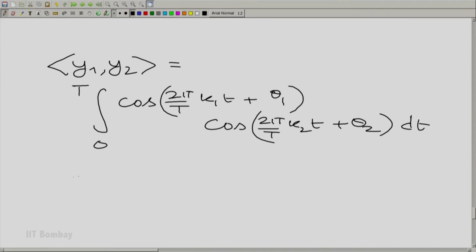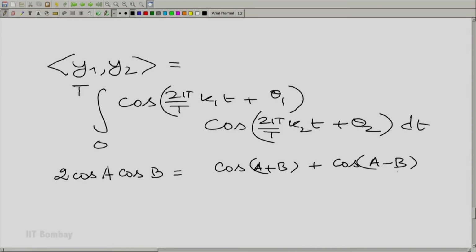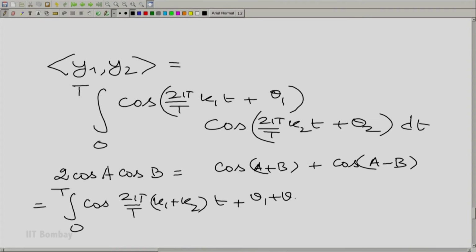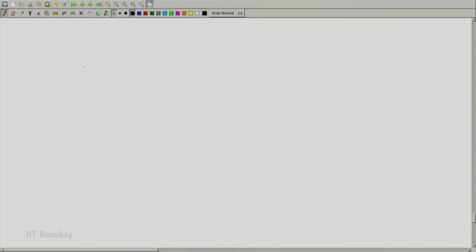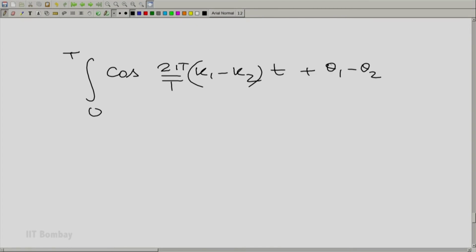You know that 2 times cos A cos B is essentially cos(A plus B) plus cos(A minus B), and therefore, this integral is the integral from 0 to T of cos(2 pi by T (k1 plus k2) t plus theta 1 plus theta 2) dt plus the integral from 0 to T of cos(2 pi by T (k1 minus k2) t plus theta 1 minus theta 2) dt. Now, look at these two terms.